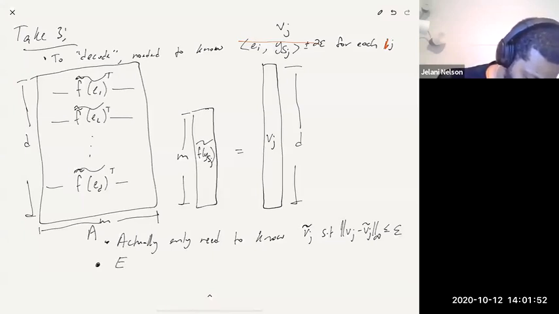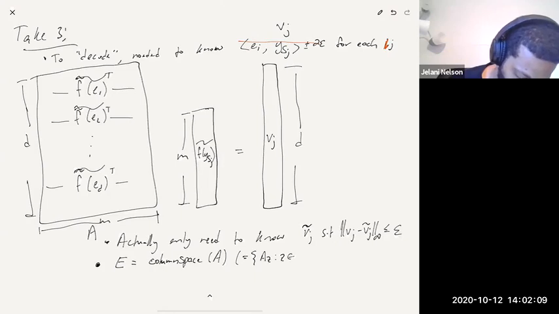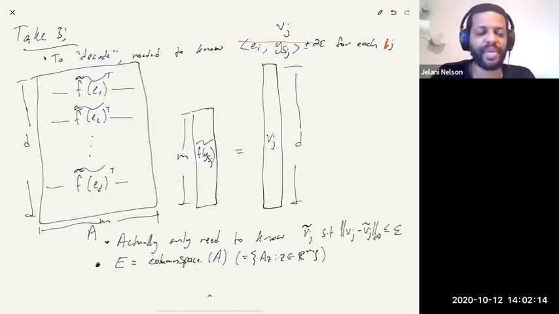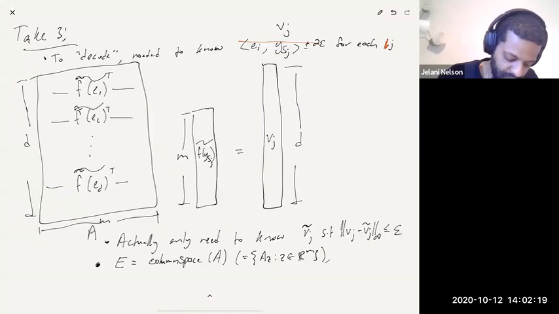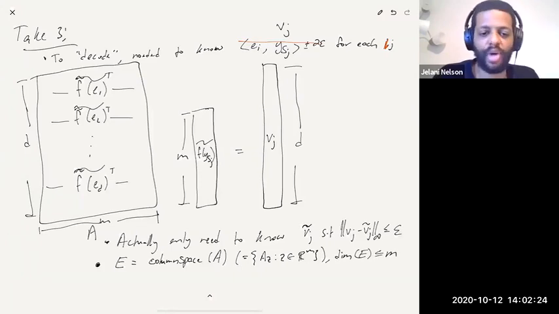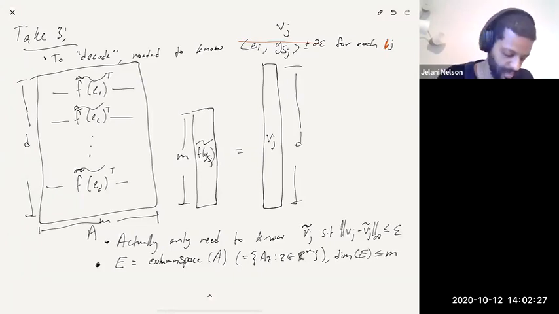Let E be the column space of A. In other words, it's the set of all vectors Az, where z is in R^m. This is a subspace of R^d, and the dimension of the subspace is at most m, because A has m columns.